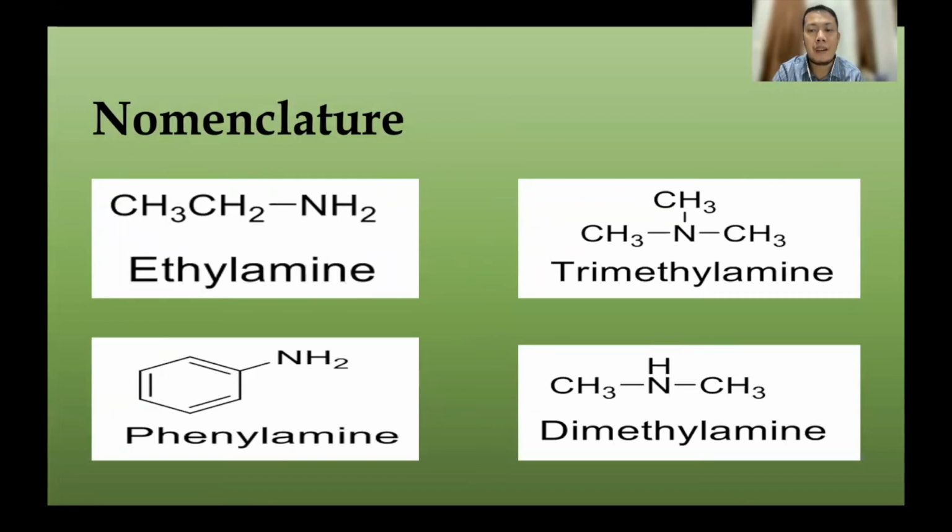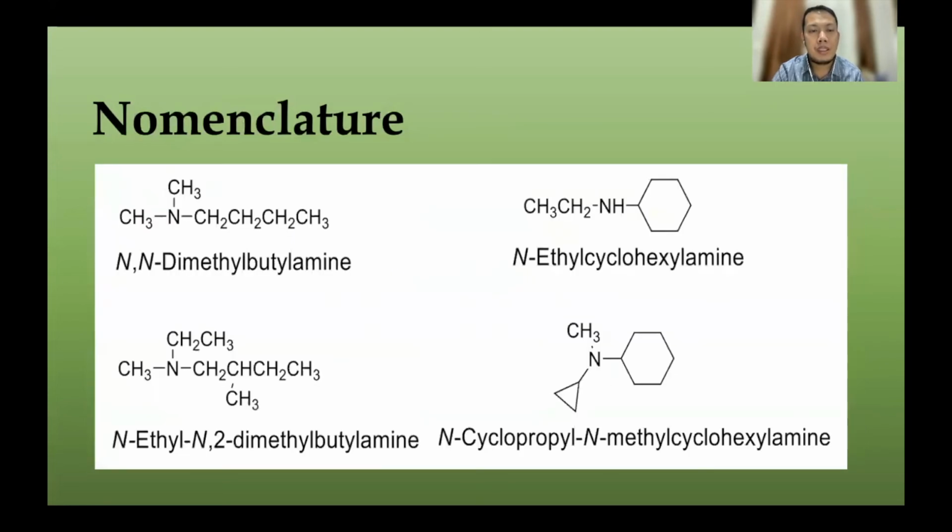In the case of symmetrical, on all sides they are the same, so you will no longer write the position of the alkyl substituent. You'll just write there trimethylamine. On the other side is dimethylamine. Remember that these are used in primary, and these are used when there are no substituents and when they are also symmetrical. Now, in case of tertiary amines, we have this way of naming.